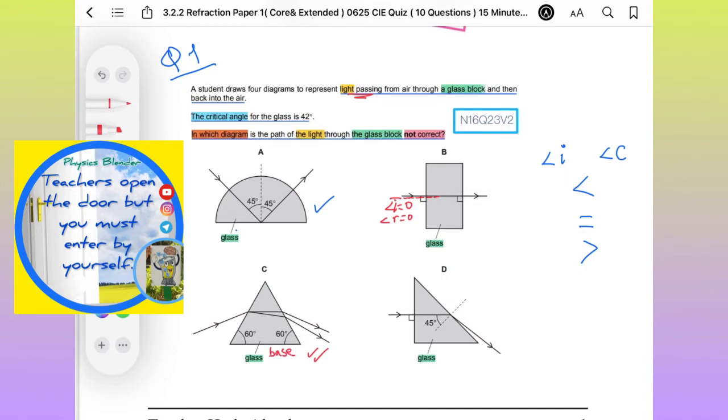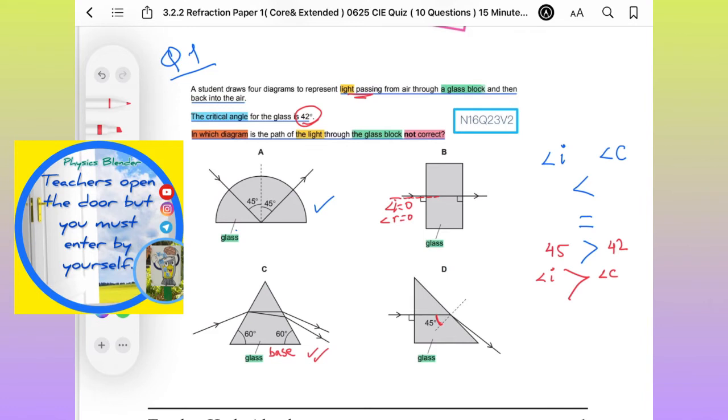Okay, here the angle of incidence is greater than the critical angle, which is 42. So here the angle of incidence is 45 and the critical angle is 42. Since the angle of incidence is greater than the critical angle, what happens here?